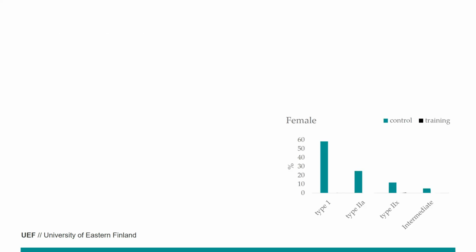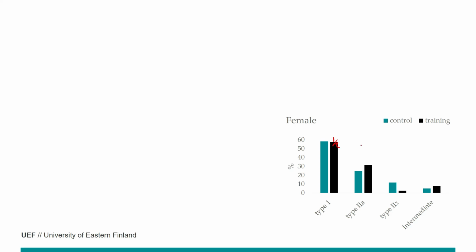Okay, how does this training affect different kinds of skeletal muscles? In the control situation, we have these slow oxidative fibers about 50%. Every other muscle fiber is type 1. And when we are training, for example in these females, it's still about 50%.